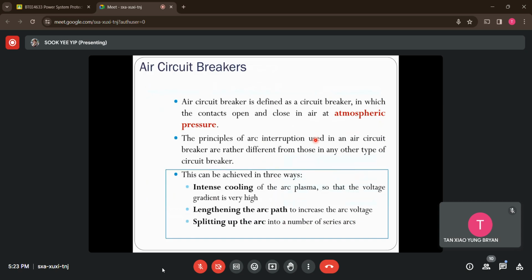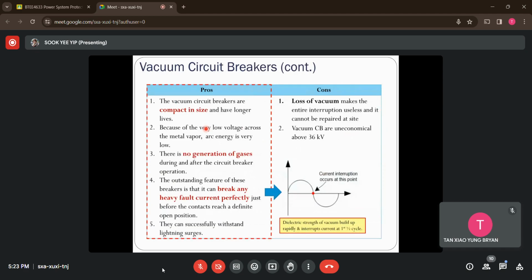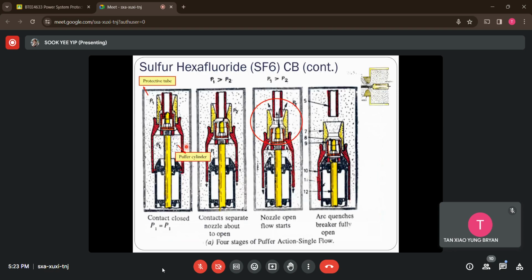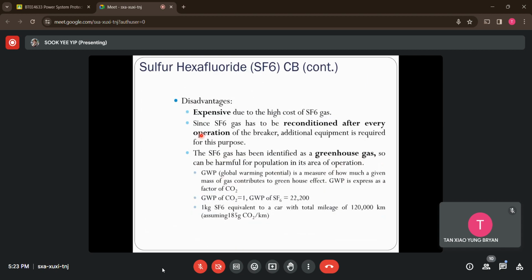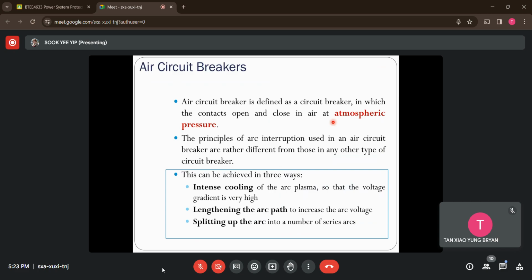For this air circuit breaker, both of its contacts operate open and close, interrupting the arc under atmospheric pressure conditions, which means it's unlike the case here under vacuum, or the high pressure of SF6 gas. Remember, they have different pressures. Those actually operate under high pressure conditions, but for air circuit breakers, it happens at atmospheric pressure.